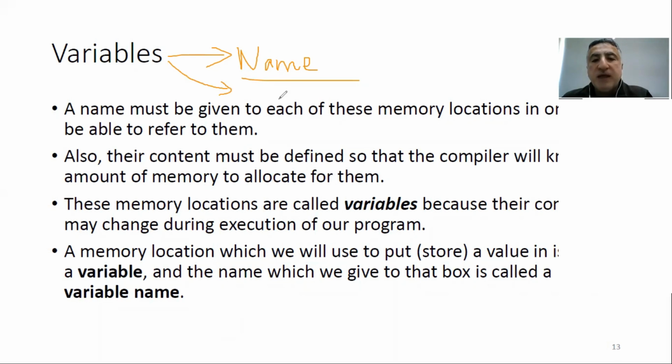Each variable will have some data type. So what is a data type? In mathematics you might know integer. Integer means a whole number without any decimal point. Everybody knows the decimal point, 3.5.